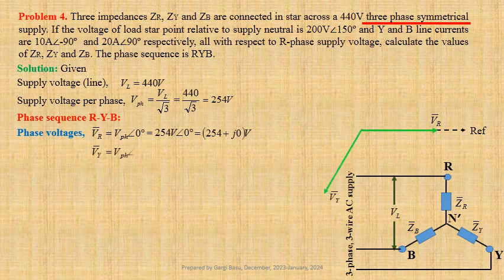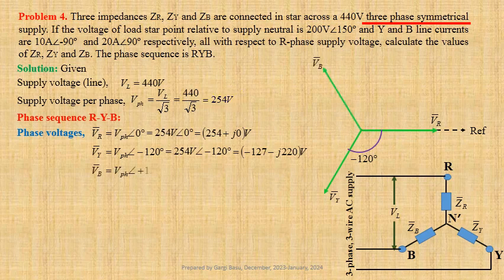Vy equals V phase at an angle minus 120 degree, that is equal to 254 volts at an angle minus 120 degree. This may be written in Cartesian form as minus 127 minus J times 220 volts, and Vb equals V phase at an angle plus 120 degree, that is equal to 254 volts at an angle plus 120 degree.